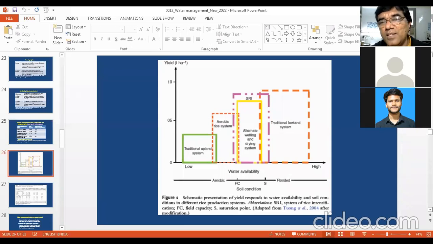However, in that case, water productivity will be more. So we need to strike a balance between water productivity and crop productivity so that we get the ideal ratio, and also economics will come into picture. So a lot of things are there that are not necessarily required to be discussed here.